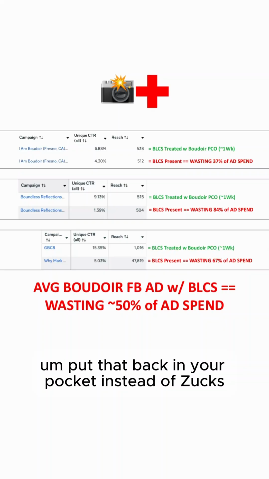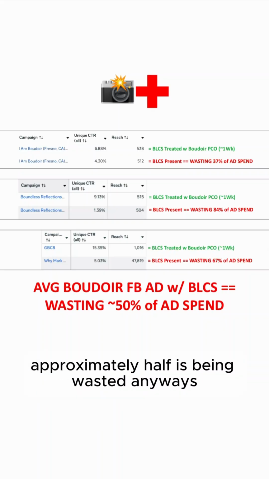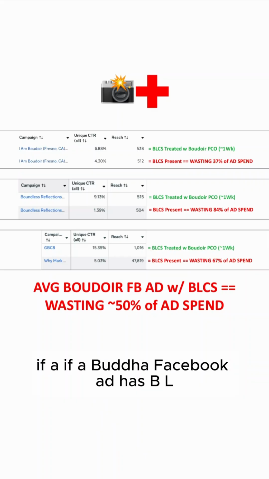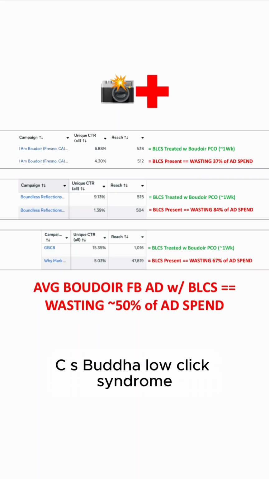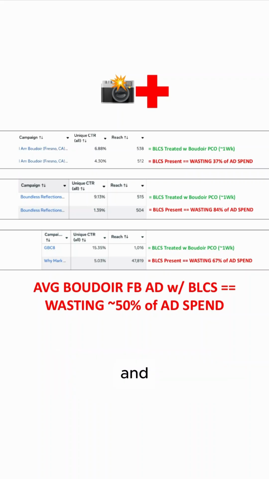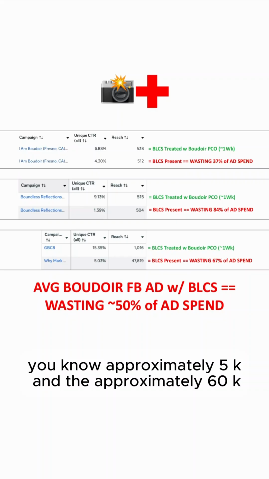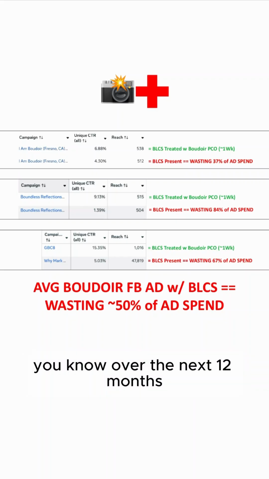Put that back in your pocket instead of Zuck's, because we already know approximately half is being wasted anyway right now if a Boudoir Facebook ad has BLCS, Boudoir low click syndrome. So you want that 5K back in your pocket, and the approximately 60K over the next 12 months.